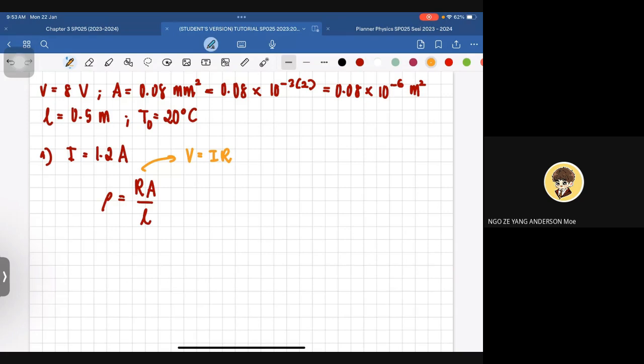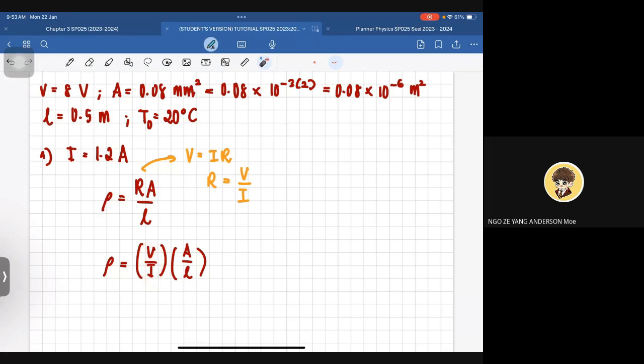Okay, so itu untuk soalan chapter 3 ni. So from here we know that R is gonna be V over I. So from here you can then just substitute rho equals V over I times A over L. Okay, so adakah tidak V, adakah I?